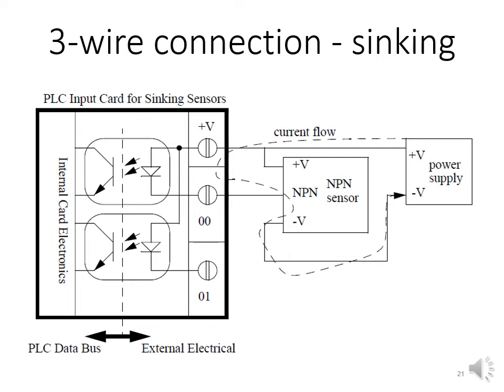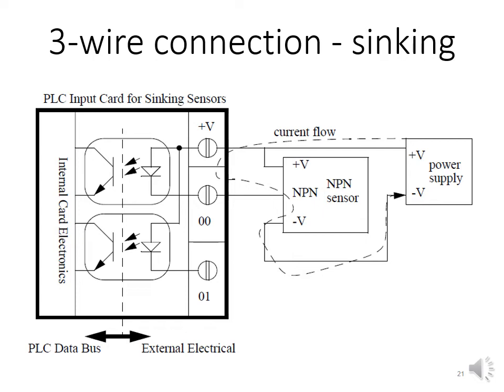After that, it leaves through the 0.00 and flows to the collector of the transistor output stage of the sensor. In other words, the collector is going to sink the current from the PLC input card. From the sensor, the current will flow out through the negative terminal and back to the power supply.